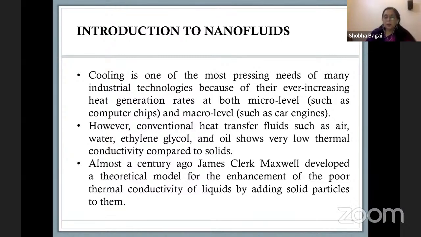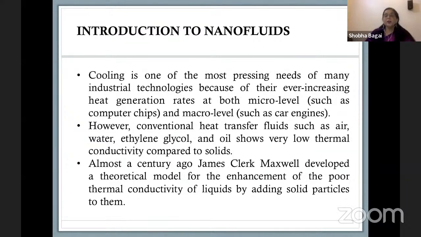When we talk about problems in fluid dynamics, heat transfer is a major problem that is studied by researchers across the globe. It finds its application in a number of places, and one of them is cooling.